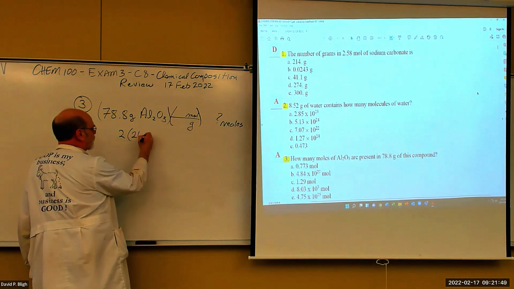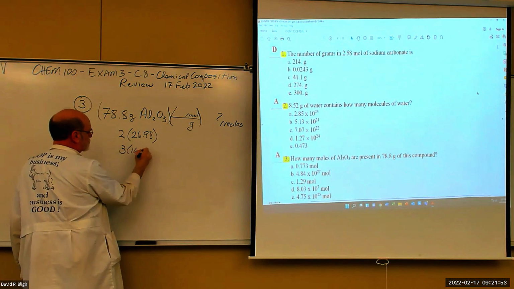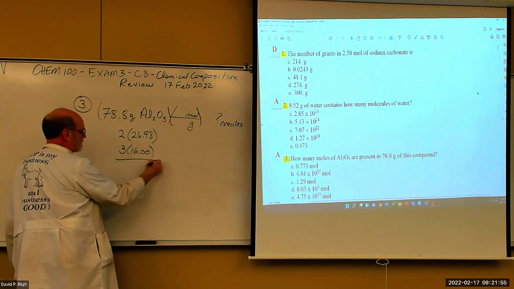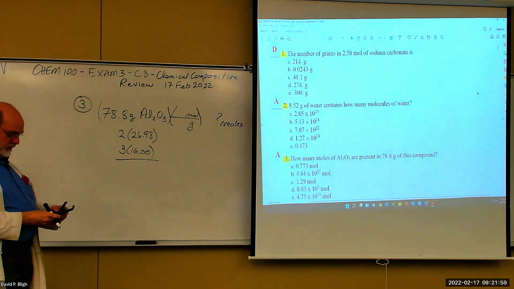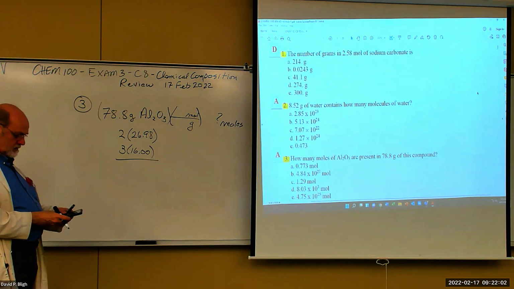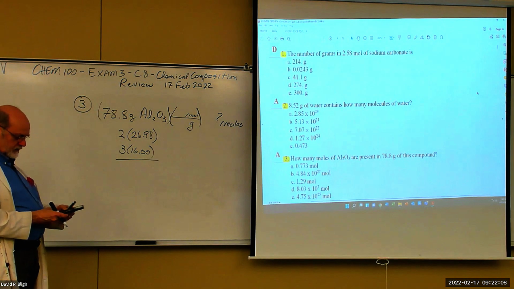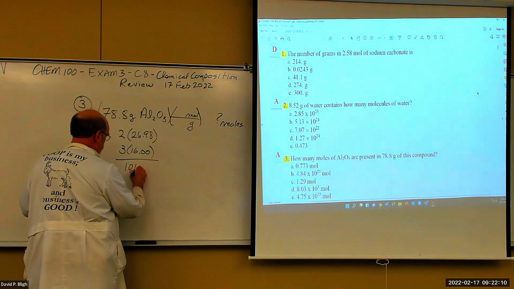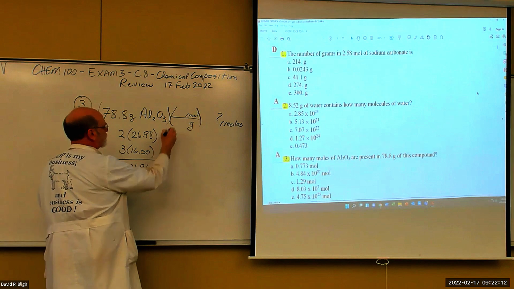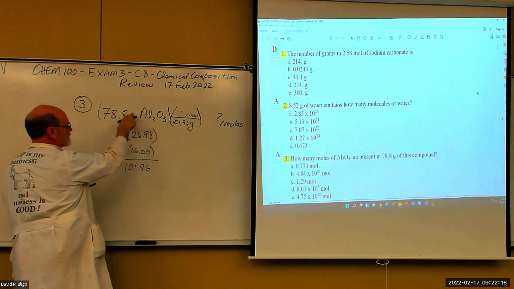So 26.98, and then 3 oxygens, 16.00. Now we just whip out the calculator and then add oxygen to it. 101.96. That divides into this.